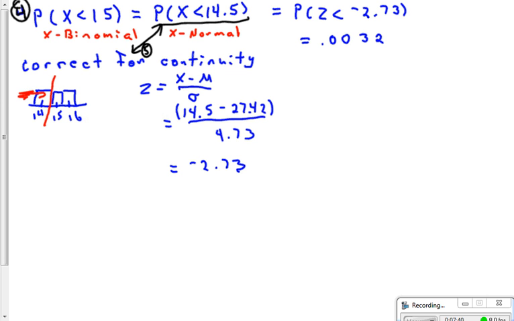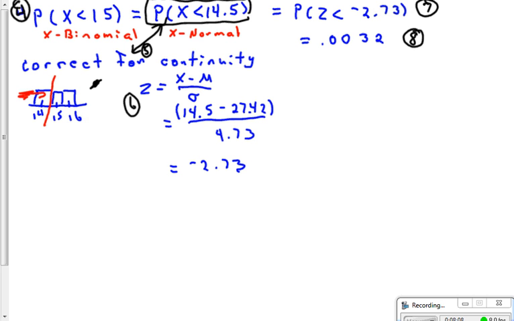You might need to show this sketch over here, but not required. Rewriting it is required. Then you have to do step 6, finding your z-score. Step 7, writing out the probability in the standard normal. And then step 8, actually calculating using the table.